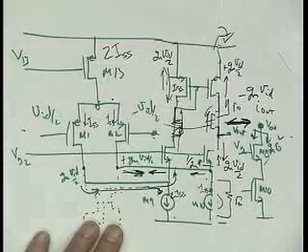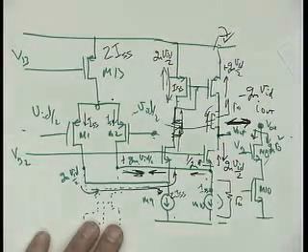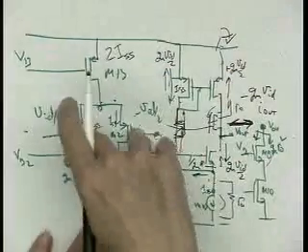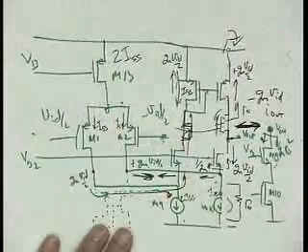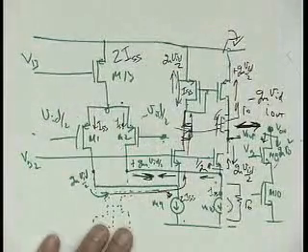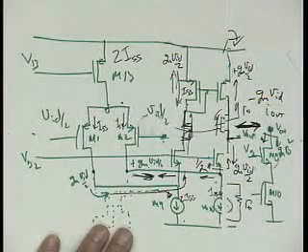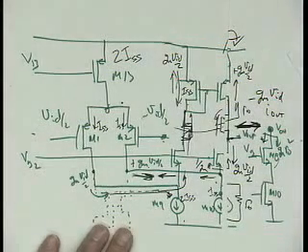Is that useful? Might we like to do that? Why would you like to have the load currents and the driver currents be different? Any reasons? Indirectly, but what's a more direct reason why this is a good thing to be able to play around with?